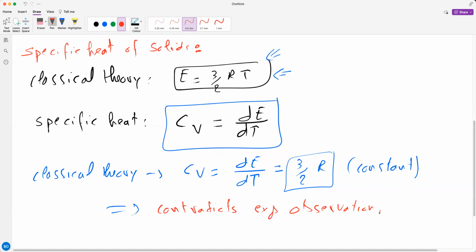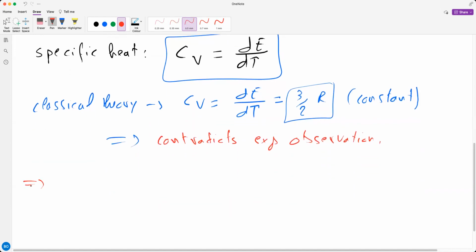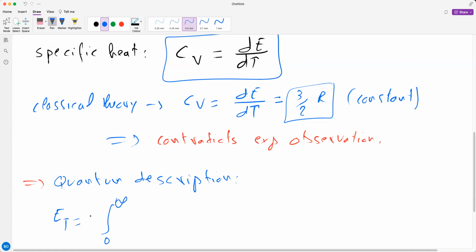Okay? So now we want to go to the quantum description. So what is the quantum description? The quantum description tells us that the total energy of the system is not the value that we derived classically, but the integral from 0 to infinity, because we are integrating over the whole volume, of the density of states, the probability of occupation of each state, and the energy.